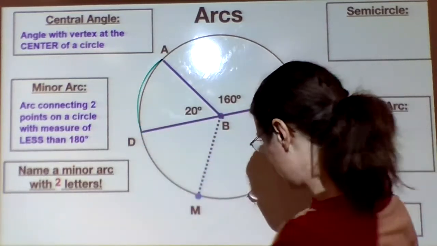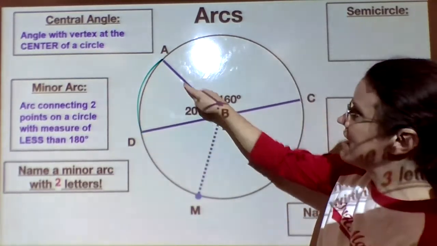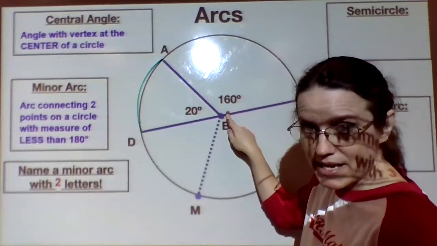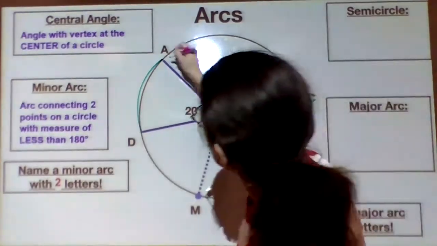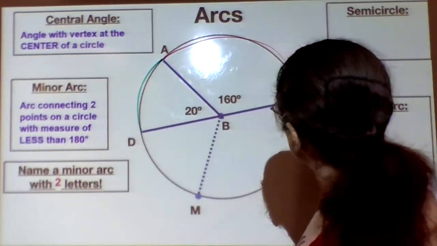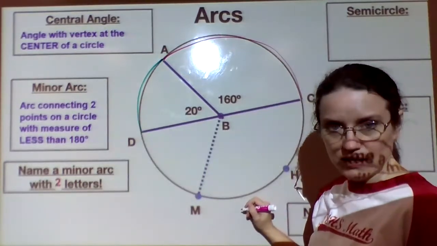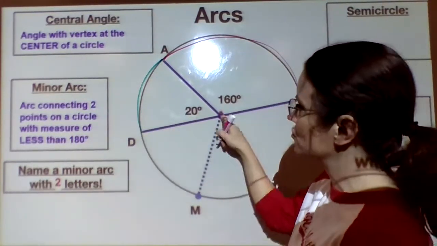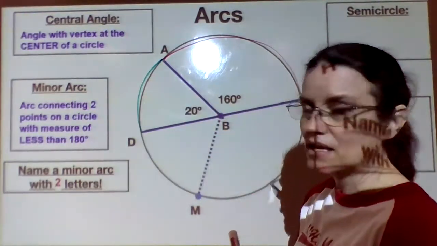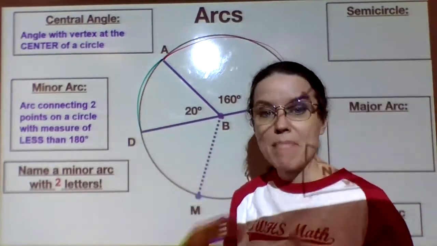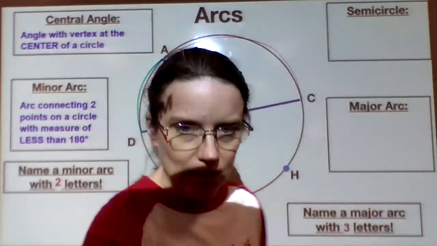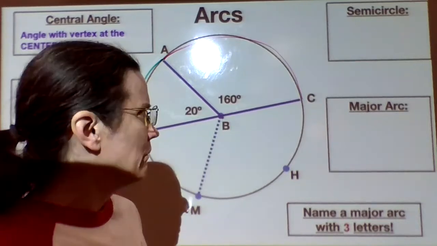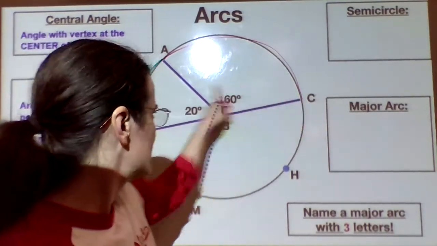Well, there's more than one minor arc in the picture. This central angle right here is 160 degrees. So this is also a minor arc. So anytime you have a central angle less than 180, it's going to cut off a minor arc.